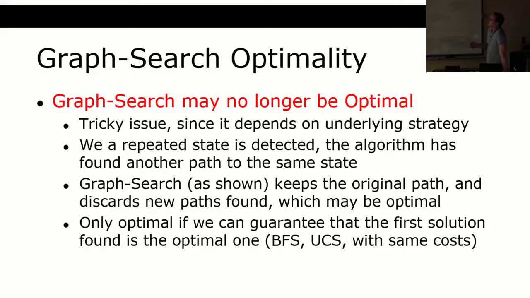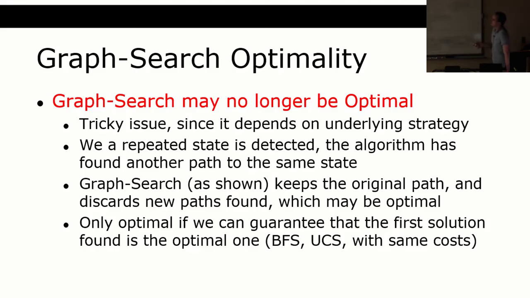But when a repeated state is detected, that means that the algorithm has found another path to the same state. If it finds another path, that path may actually be a better path. But we've already found the other path, which is worse, and we've told it not to revisit it. Right? So that can be bad.